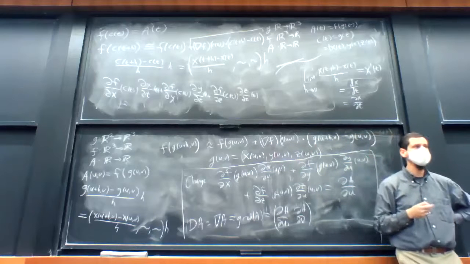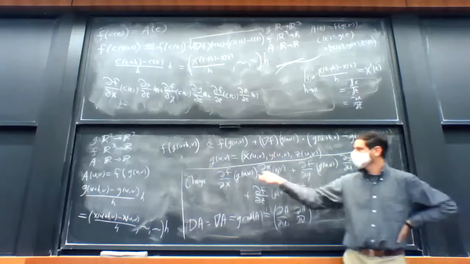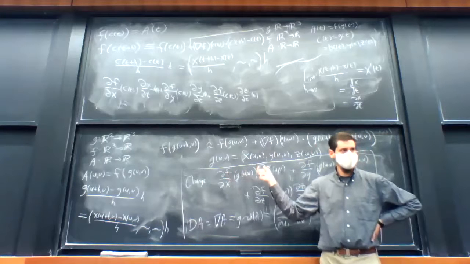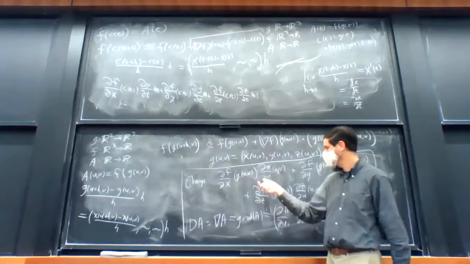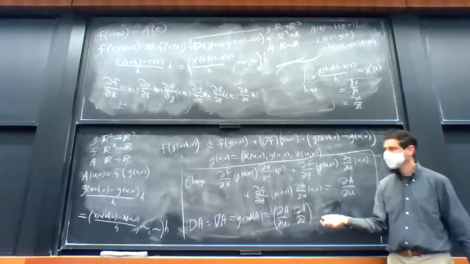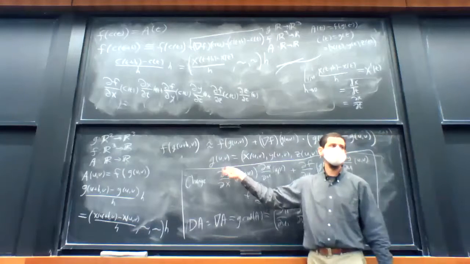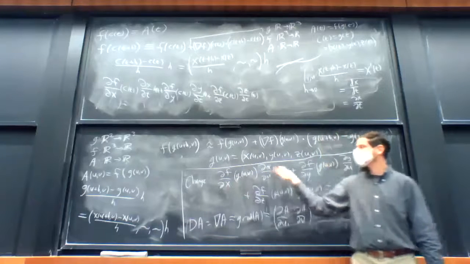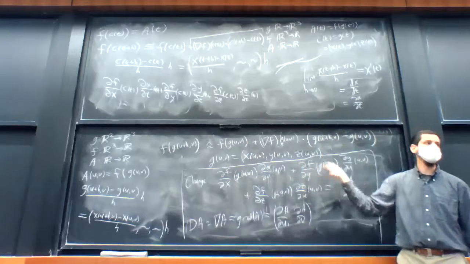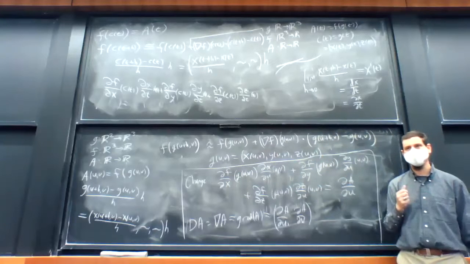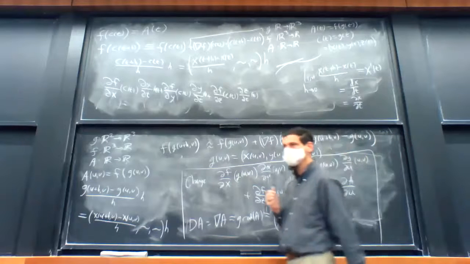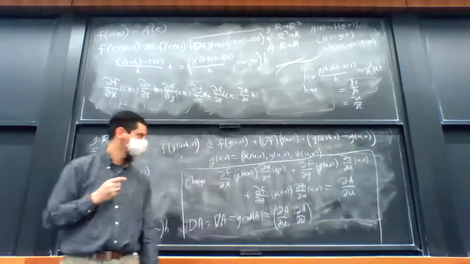There's lots of different language you can use. I like to use x, y, and z because I'm viewing my function f as a function of x, y, and z. So to figure out how a changes with respect to u, I find how f is changing with respect to x, y, and z, and I then take into account how x, y, and z are changing with respect to u. So it's a very natural formula when you think about it.